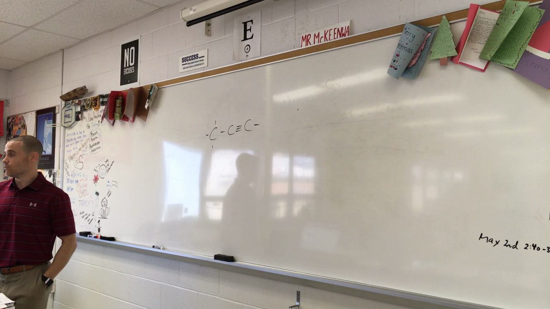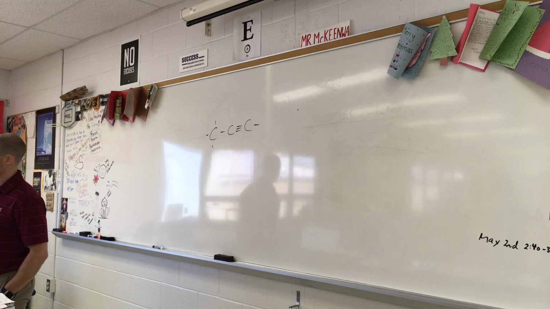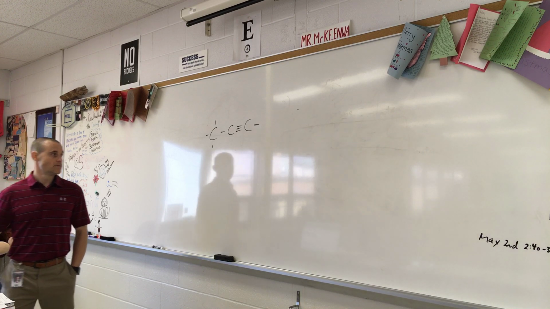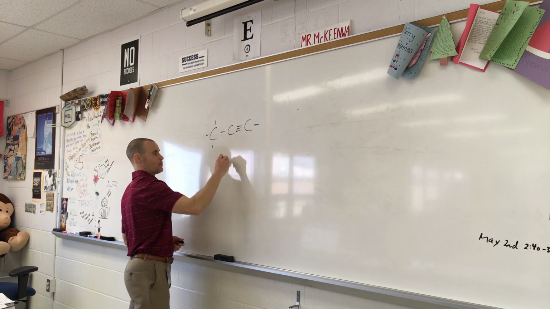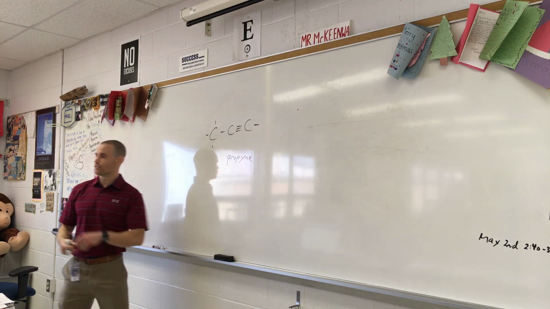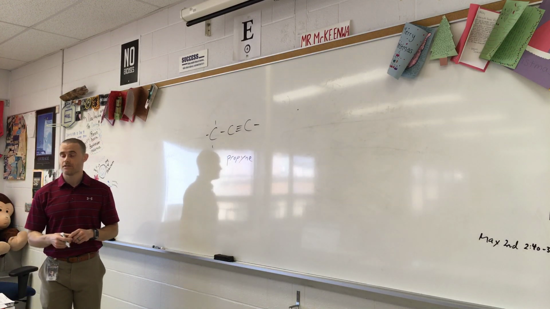So there's no branches, right? Straight chain. What class of hydrocarbon is it? Alkyne. How do we know? Because it has a triple bond, right. 3 carbons. Meth, eth, prop. Yne. But you just learned in the warm-up, you've got to put a number in front to tell me where the triple bond is.